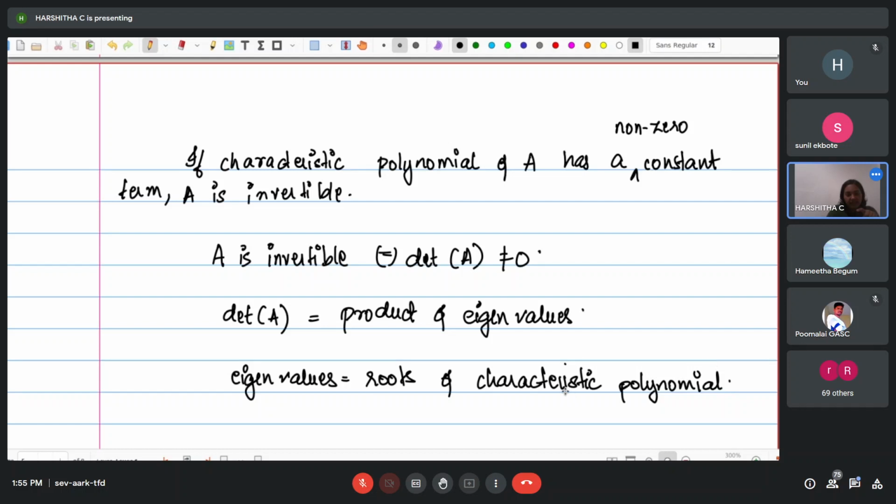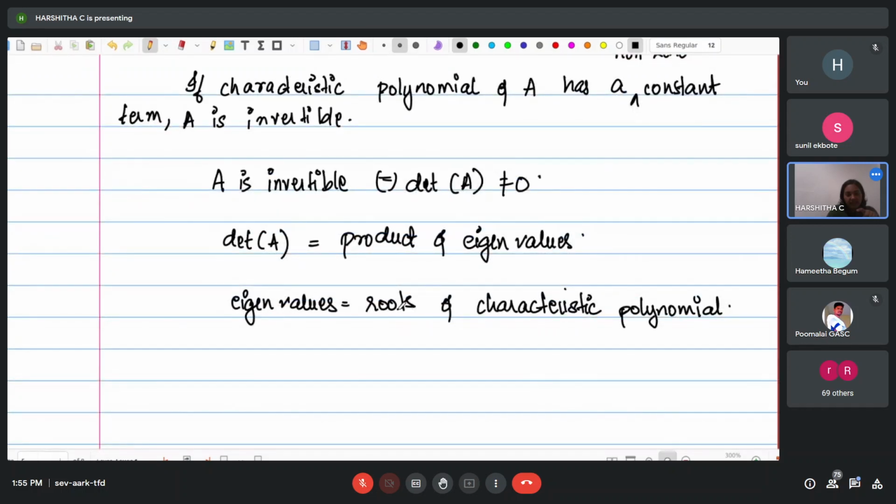So now do you see the connection? If you remember your school algebra, if you have a polynomial p of x, the constant term in p of x is basically the product of the roots of p of x.